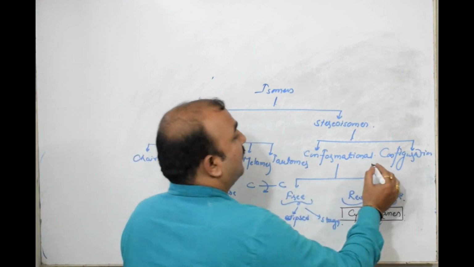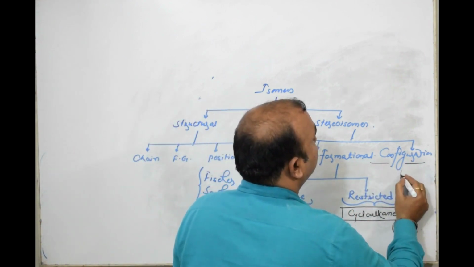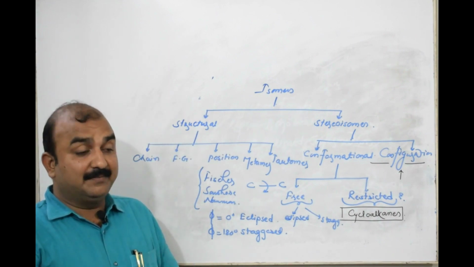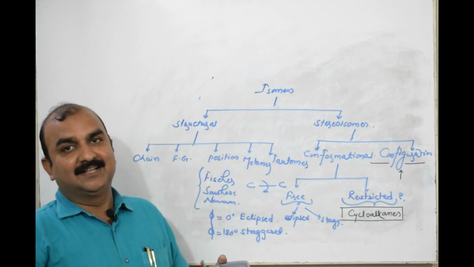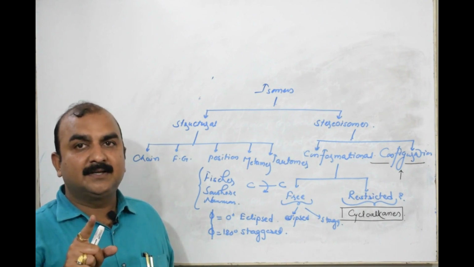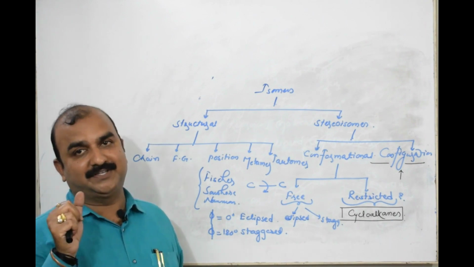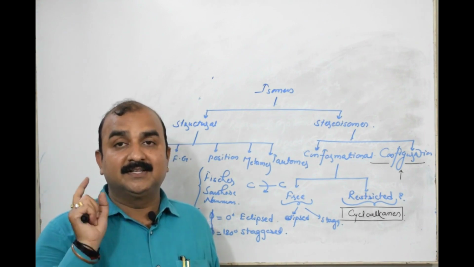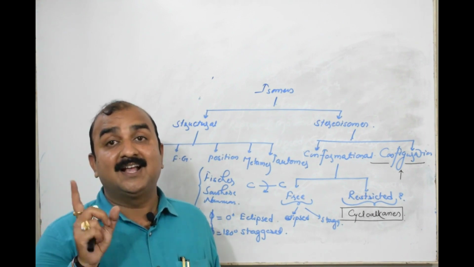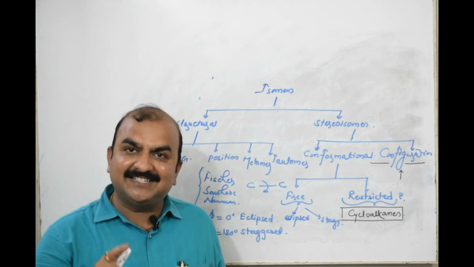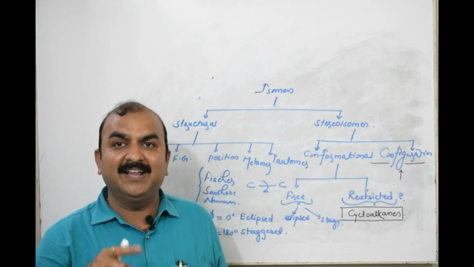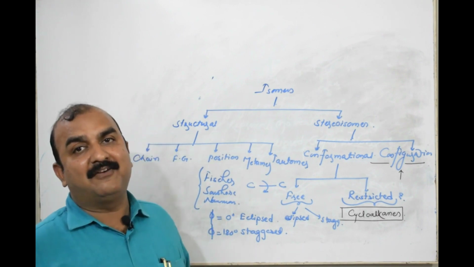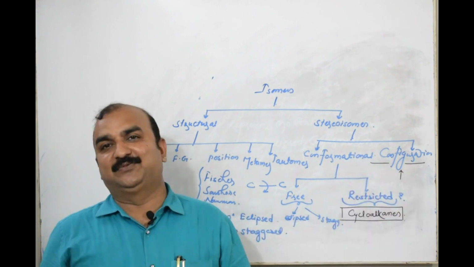Now when we have this concept, we are going to discuss configuration. See, listen: eclipsed conformation, staggered conformation, gauche conformation, skew conformation, R configuration, S configuration, small d configuration. So now we are going to have the configurational isomer.